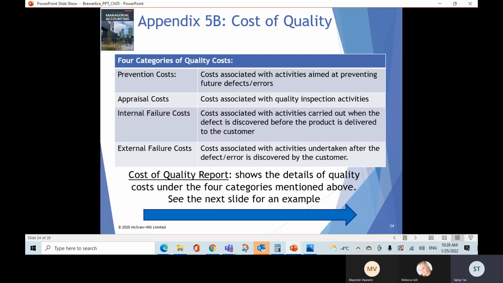So the report contains the detail of quality cost under the 4 categories of prevention, appraisal, internal failure, and external failures. In addition, the report expresses these costs in terms of the percentage of sales. This information is useful for managers when they need to evaluate the effects of quality improvement programs, as well as in budgeting quality cost for the next period.